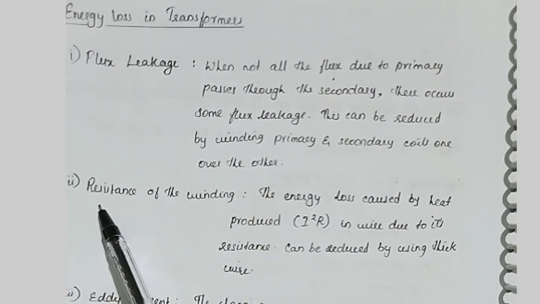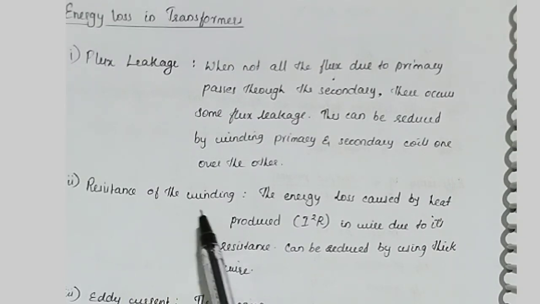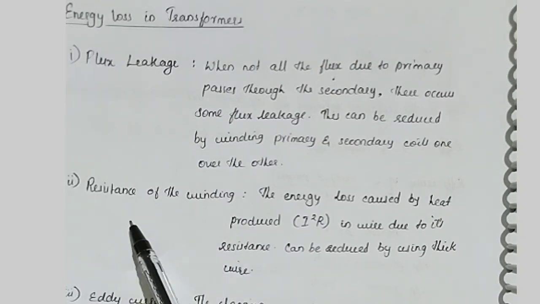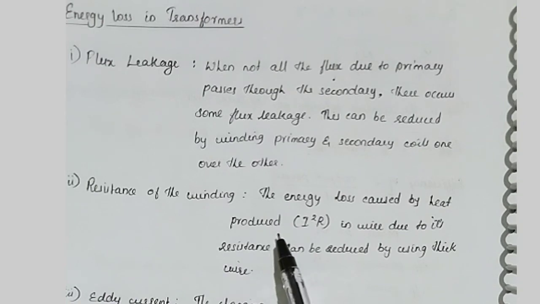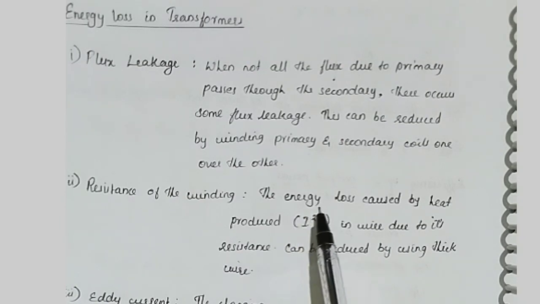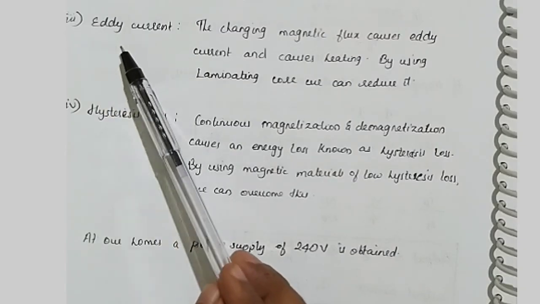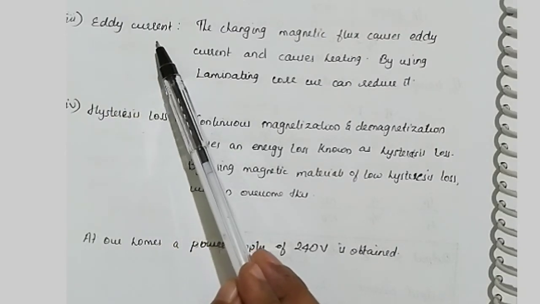Now the second type of energy loss is the energy loss due to the resistance of the winding, which is also known as Joule's loss. The resistance of the wire used in the transformer can produce heat, and thus an energy loss can occur. To reduce this, we use thick wires. Now the next energy loss is due to the eddy current.